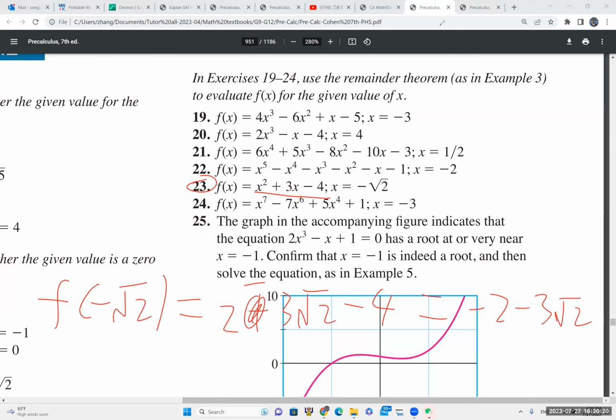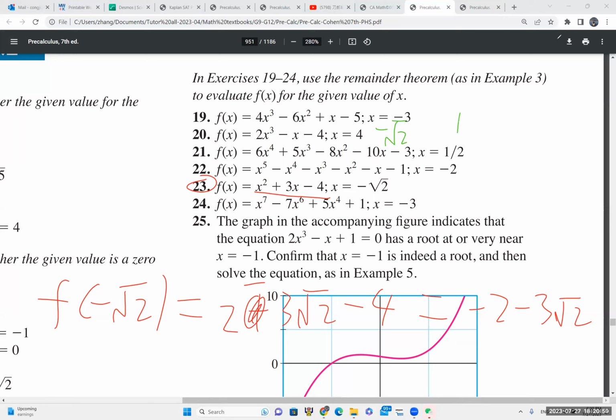Does this also mean we can do that division to get the same remainder? I suppose it means this, right? So if x is this, x minus this. Then if we do synthetic division, let me just write here.